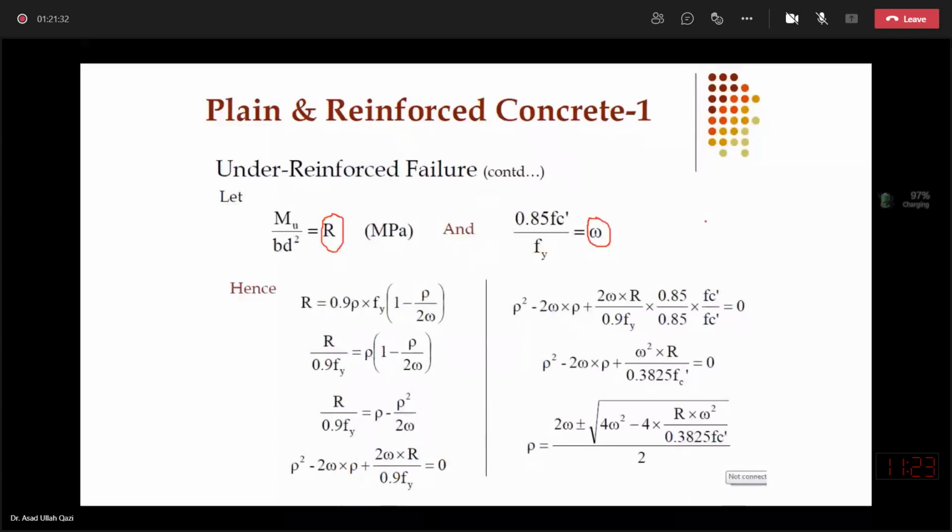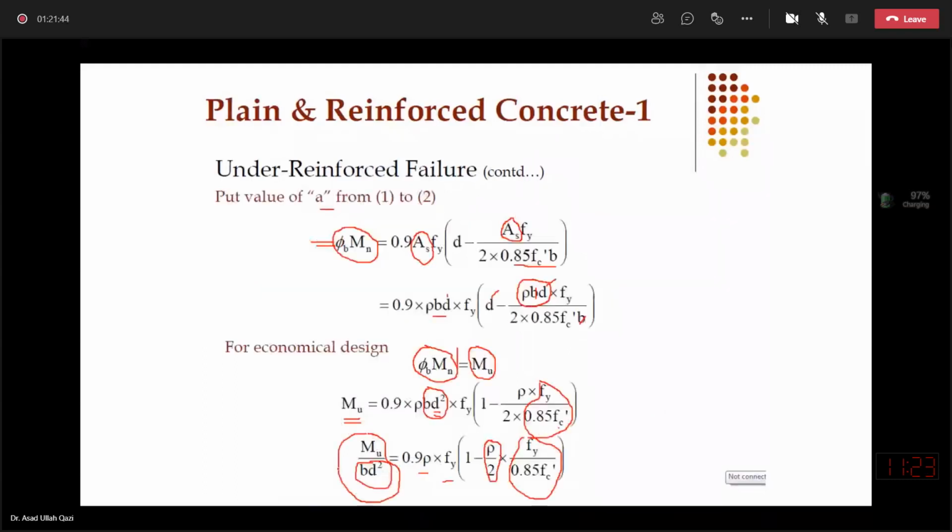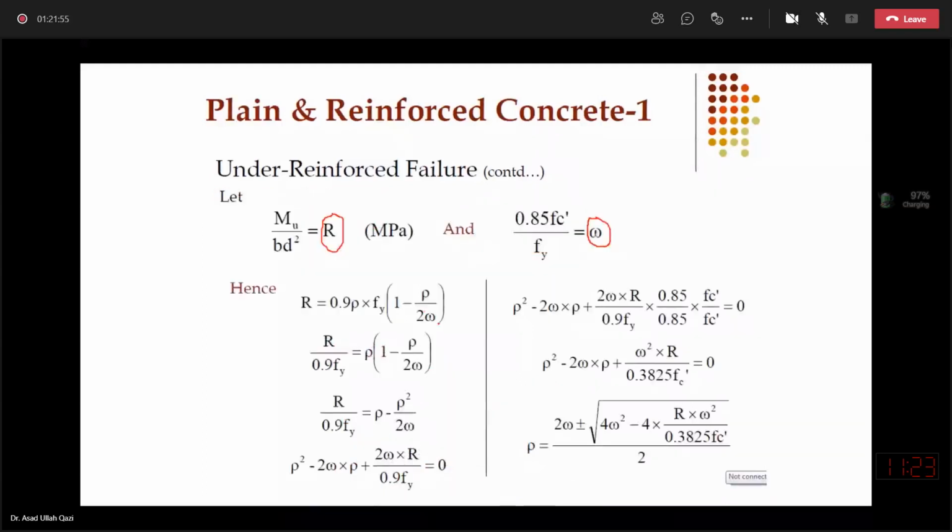This will help me to make my equation smart. So now R equals 0.9 rho Fy, and then within circular brackets, 1 minus rho over 2 into omega.